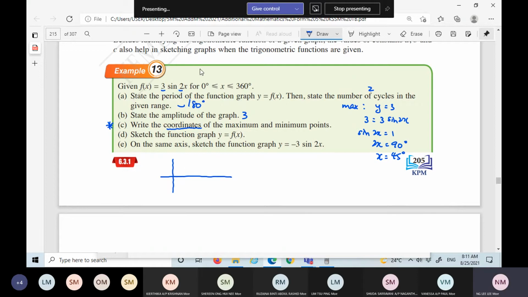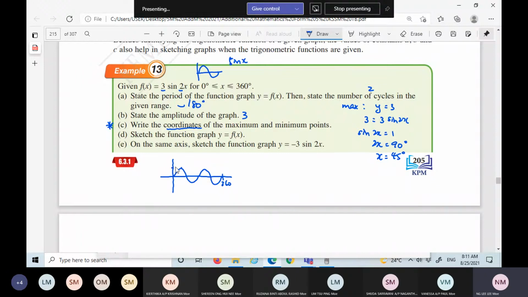A sine graph is something like this, up and then down. This is for the original sin x. Then this one is sin 2x, which means you complete 2 cycles in 360 degrees. So 1 cycle, then 2 cycles, in 360 degrees.